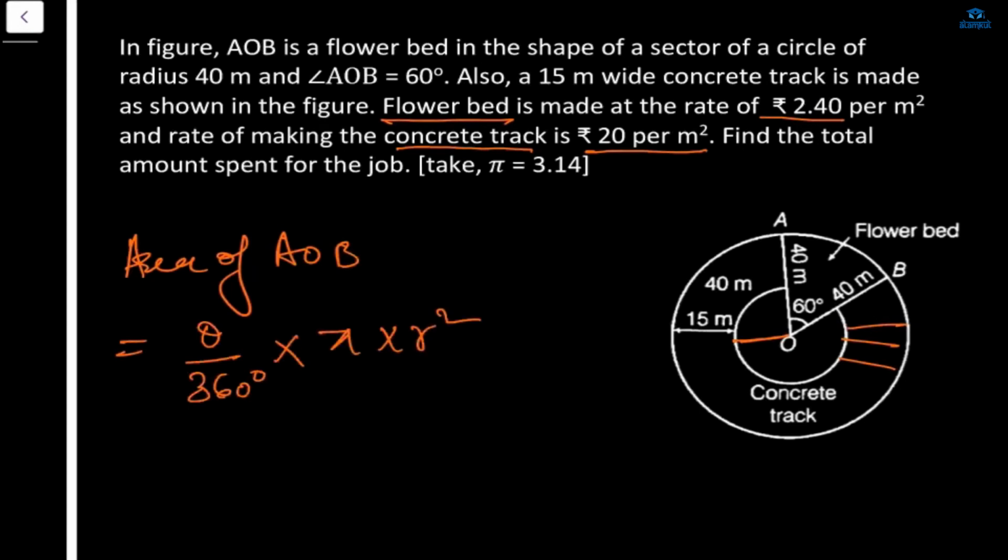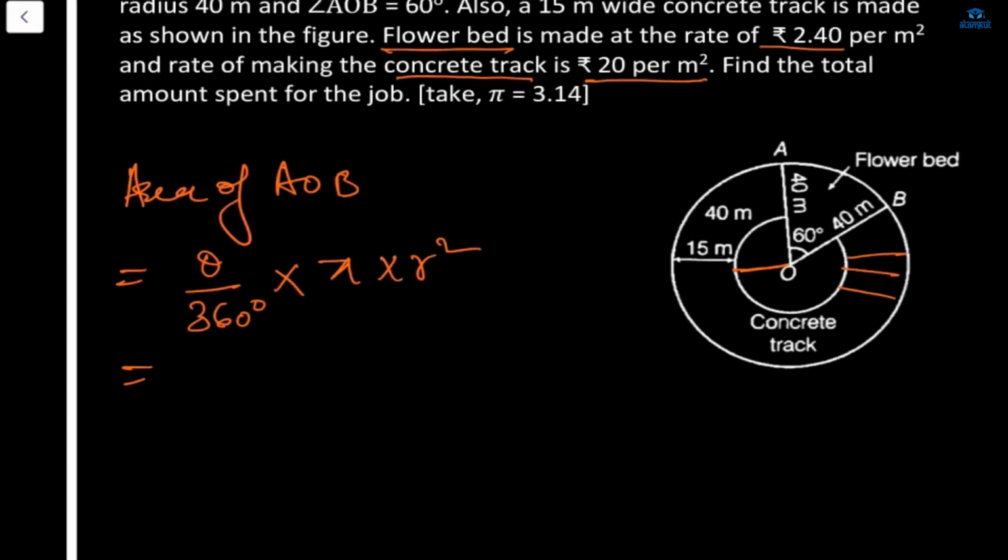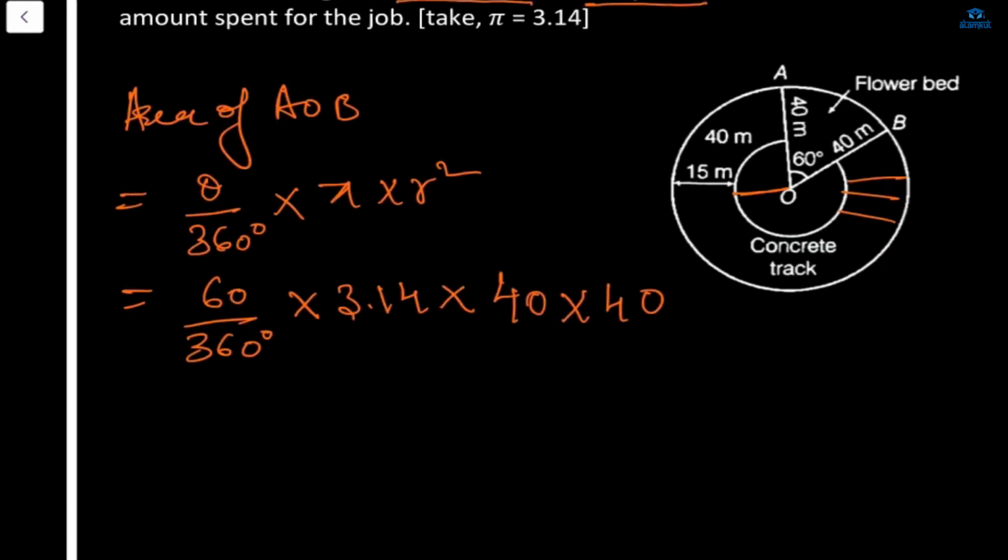Theta here is 60 degree upon 60 degree into pi. It is already mentioned we have to use 3.14, so we are going to use 3.14 into 40 square.